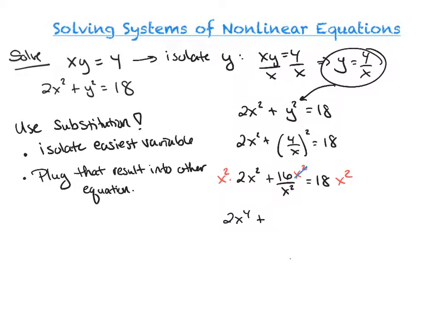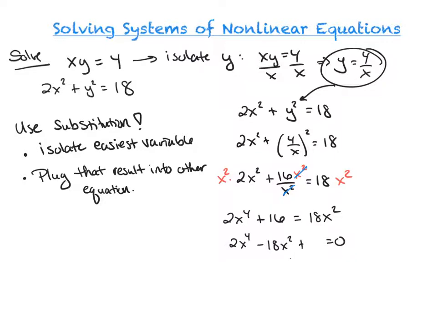The 16x squared over the x squared cancels, so we just have 16 equals 18x squared. Okay, let's get all of our x's on one side, so that'll give us 2x to the 4th minus 18x squared, if we write this in standard form, plus 16 equals 0.